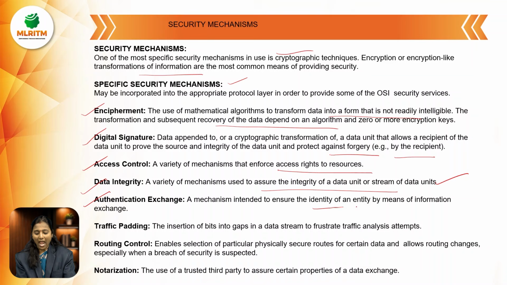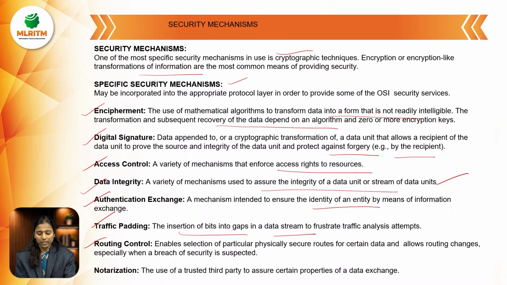It is used to identify an entity by means of information exchange. Information can be exchanged between two persons. The next is traffic padding. Traffic padding is the insertion of bits into gaps in a data stream. The next is routing control.